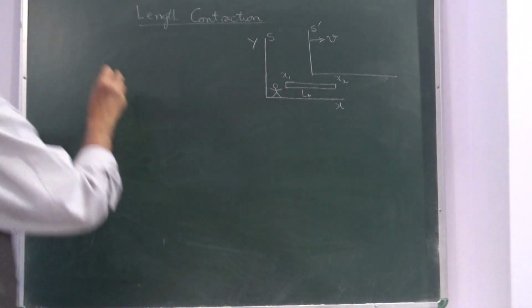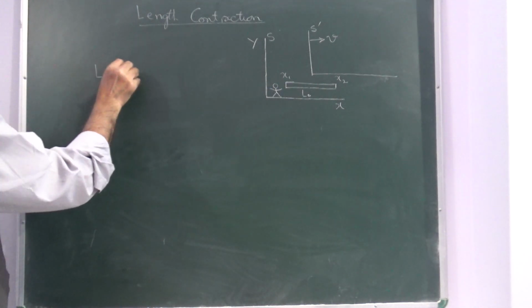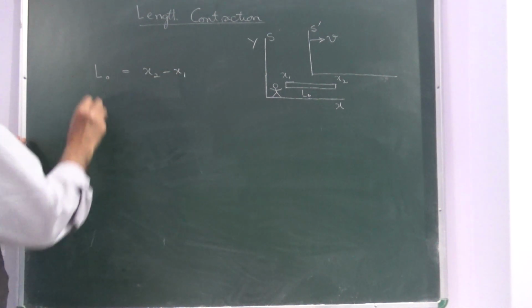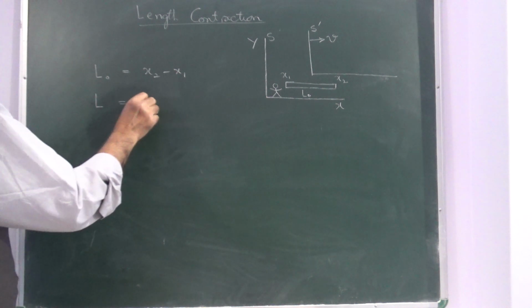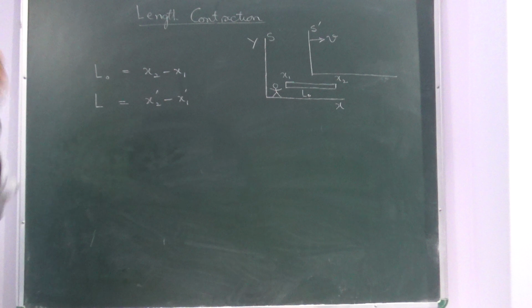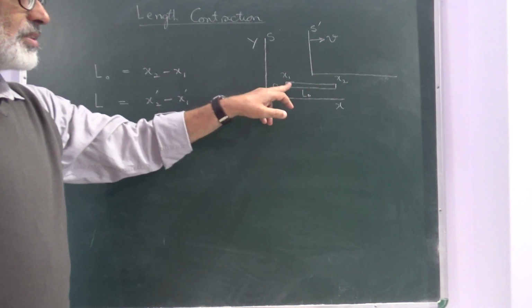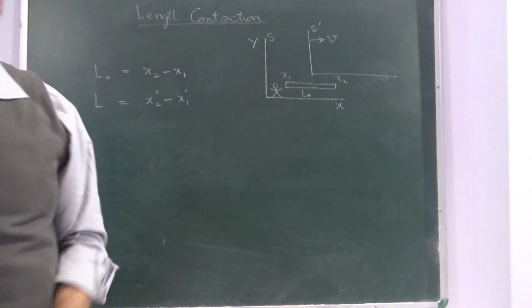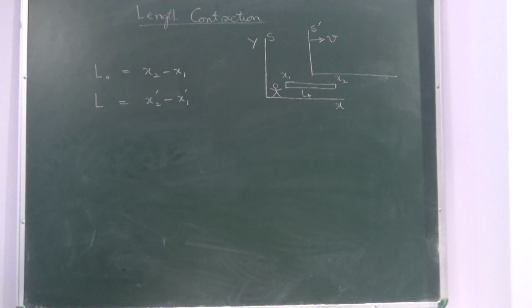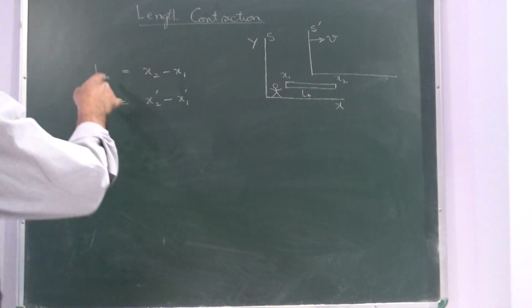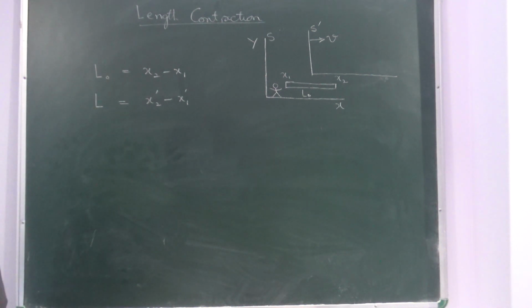So the length measured in this reference frame is L naught, equal to x2 minus x1, and relative to the moving frame, for him this coordinate is x2 dash and this coordinate is x1 dash. Now we want to correlate between these lengths.